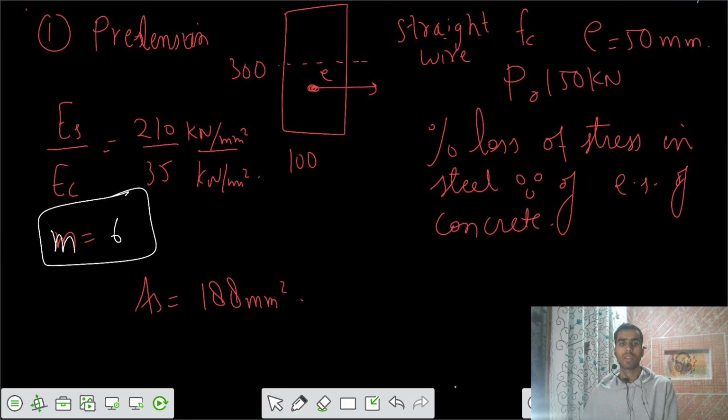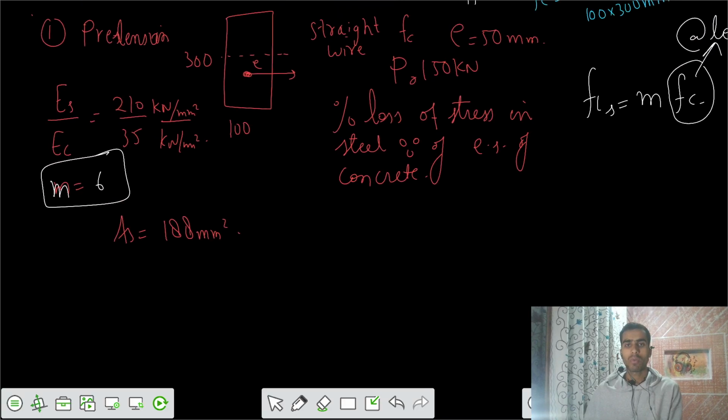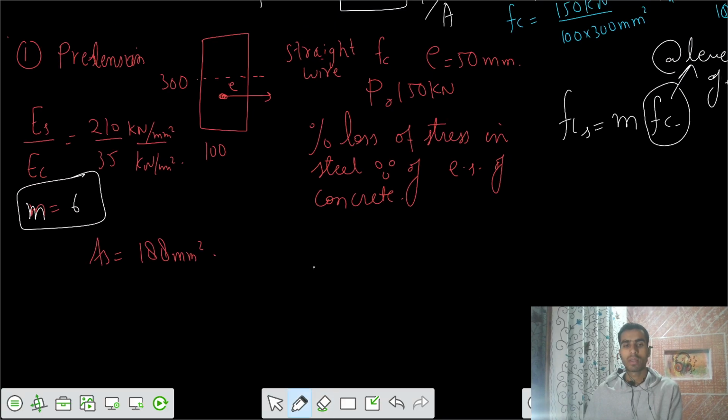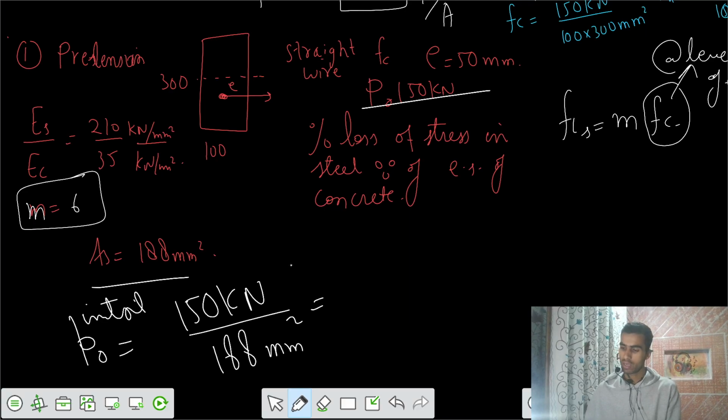What is the initial stress in the steel wires? The initial prestress is the force of 150 kilonewton divided by the area of the steel, 188 millimeter square. Initial stress was equal to 800 megapascal.